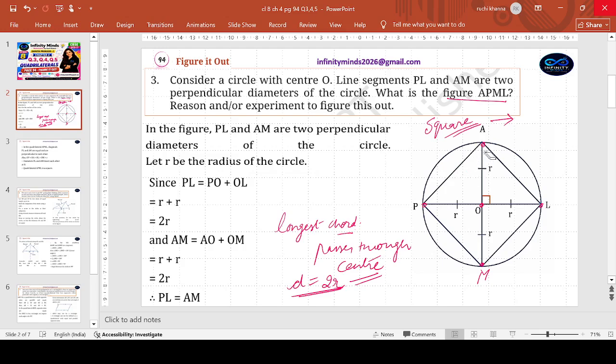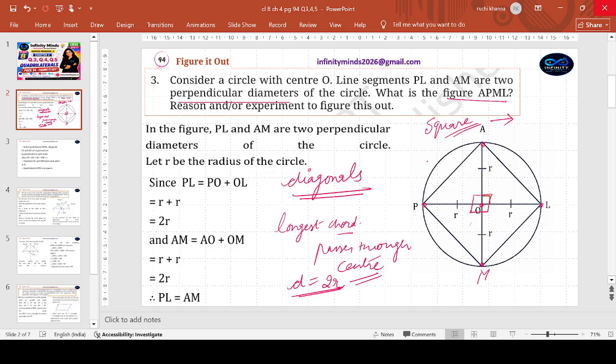That is one way. The best and easiest way is when we are talking of these perpendicular diameters. They are also telling you that perpendicular diameters have been made. These diameters are nothing else but they are playing the role of diagonals for the quadrilateral, and your diagonals are perpendicular.